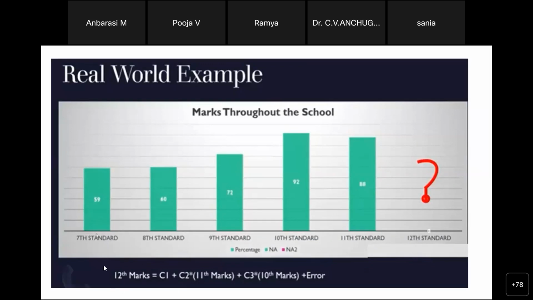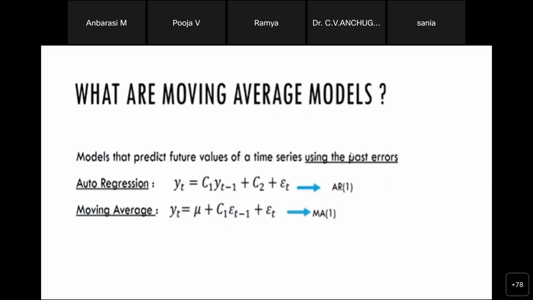If I want to predict the 12th mark, we take a constant value, plus a constant multiplied with the 11th mark, plus a constant multiplied with the 10th mark, plus an error value. This is how we predict the 12th standard marks. So this is an example of the autoregression model.